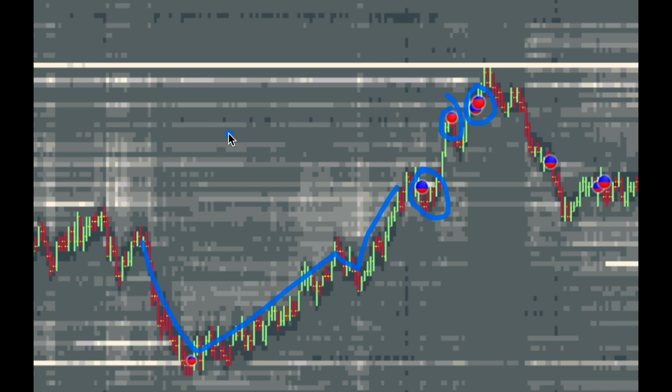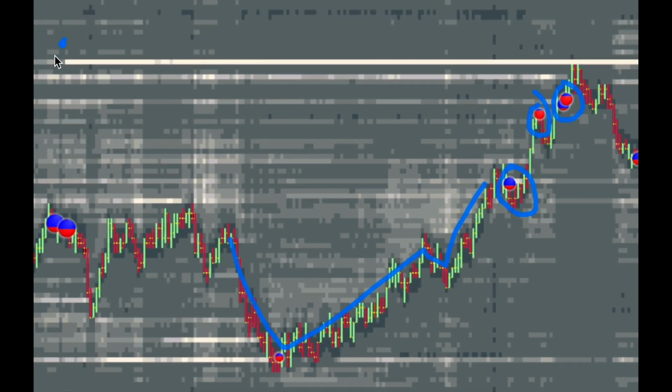And then I have all of these lines, gray lines, dark gray lines, light gray lines, white lines. That is an indication of the depth. So the darker the line, the less depth there is there. In other words, the fewer resting orders are there. The whiter the line, so as you get to this really white line right here, that's really thick market depth resting right there.